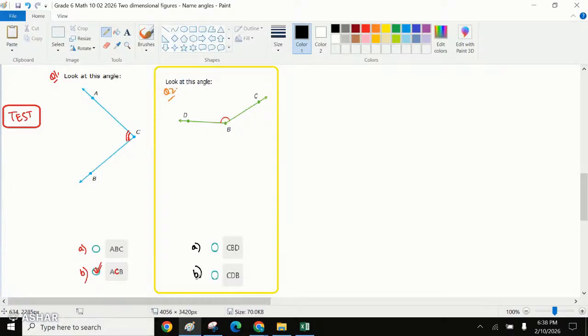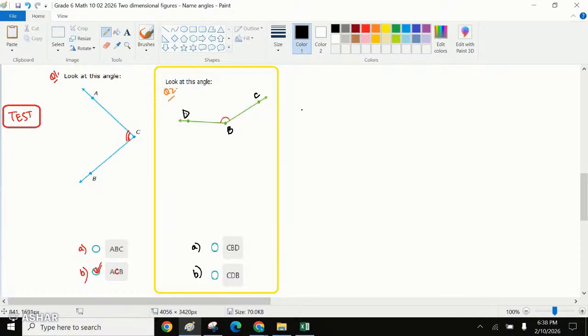You can see B, D, and C. A, C. So we can see B is in the middle, right? Perfect.